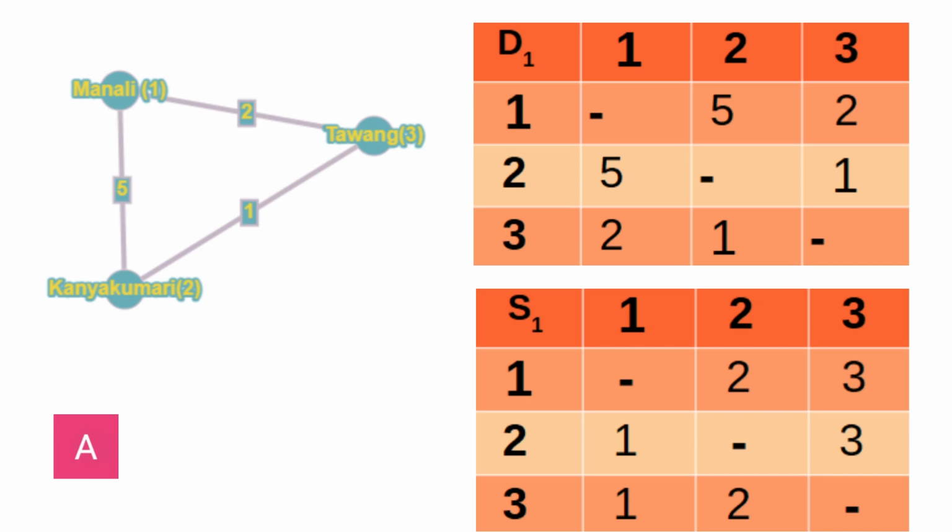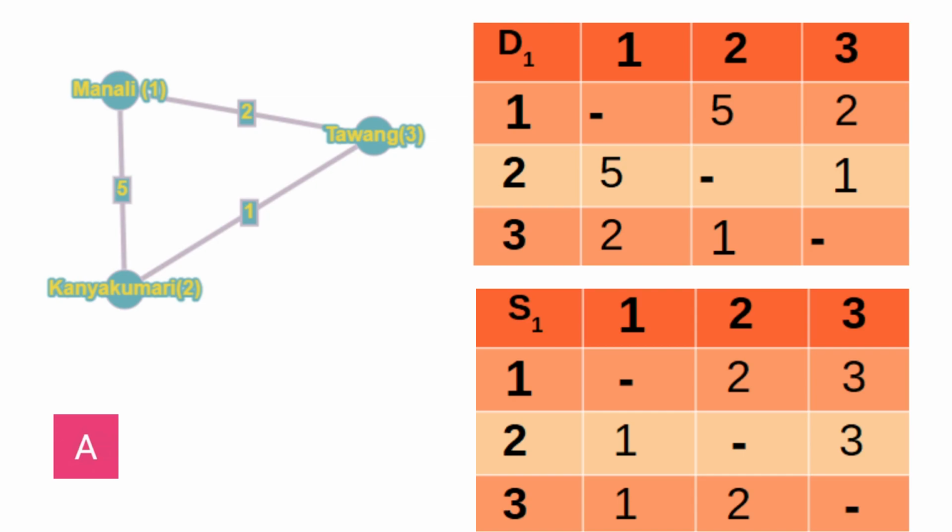Now from 2 to 3, we'll have to check what if we reach 3 from 2 via 1. The value in the previous matrix for 2 to 1 was 5 and 1 to 3 was 2. So their sum was 7. So if we want to reach 3 from 2 via 1, the distance is 7.